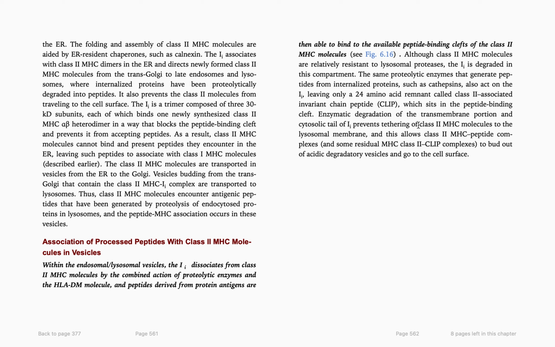Enzymatic degradation of the transmembrane portion and cytosolic tail of the invariant chain prevents tethering of the class 2 MHC molecule to the lysosome membrane, and this allows the class 2 MHC peptide complex and some class 2 MHC CLIP complexes to bud out of acid degradative vesicles and go to the cell surface.